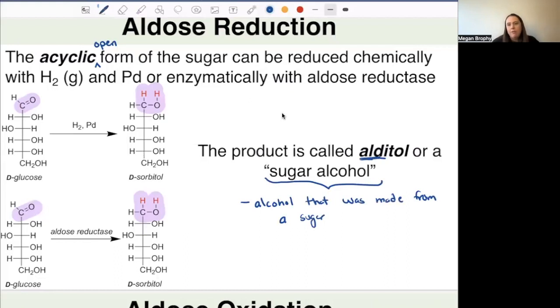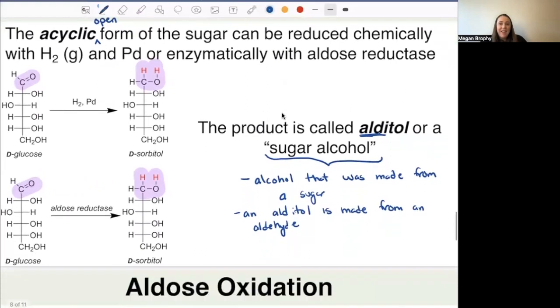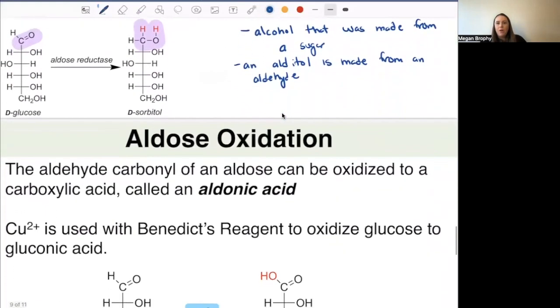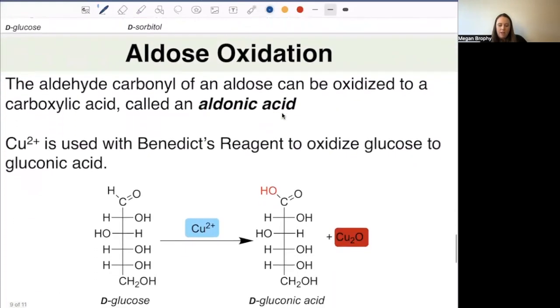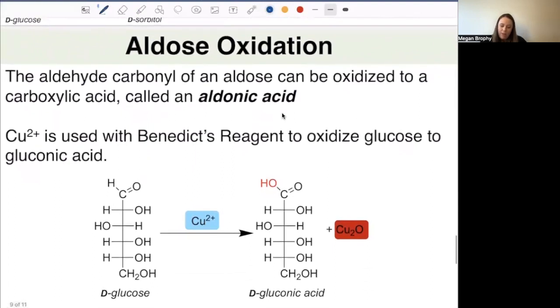So an alditol is made from an aldehyde. We can also take our aldose, or our aldehyde that's part of a carbonyl of an aldose, and oxidize it to a carboxylic acid. The product is called an aldonic acid when we do that.